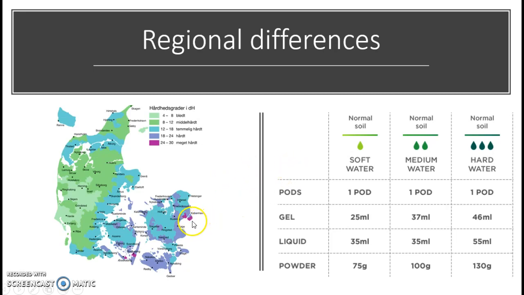So, for example, in Copenhagen we have to use a lot of laundry detergent to clean our clothes, and in West Jutland we need to use less laundry detergent to clean our clothes. In laundry detergent we often have EDTA, which reacts with the calcium and the magnesium in the water.